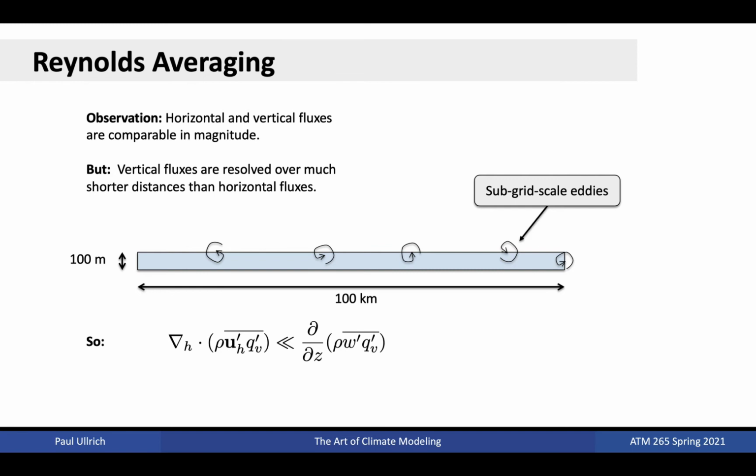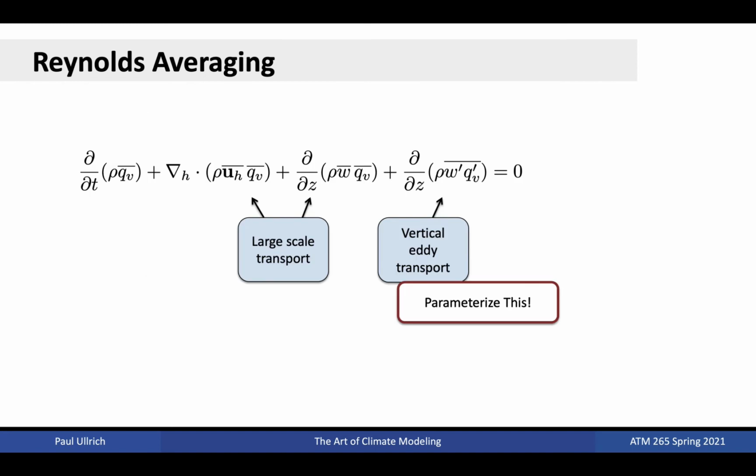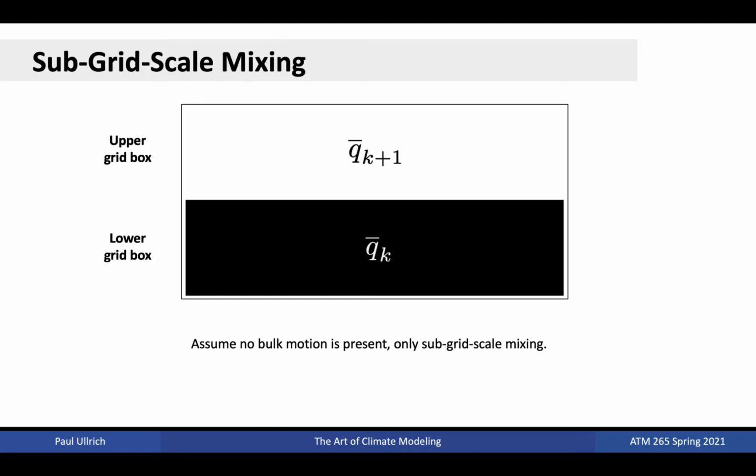That is, thinking about the eddy mixing derivative as a finite difference, the numerators of both terms are about the same magnitude, while the denominator of the vertical mixing is much smaller. This means that vertical eddy mixing will tend to be much more important than horizontal mixing. So this simplification allows us to drop one term from our update equation and leaves us with one term that still needs to be parameterized. This singular remaining term then represents unresolved vertical eddy transport.